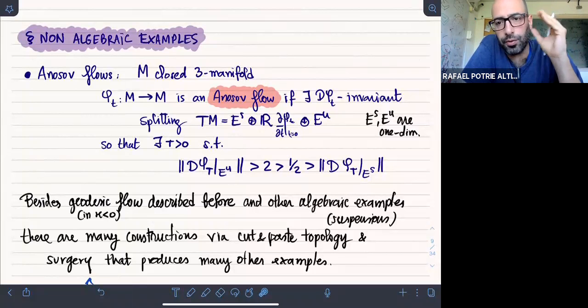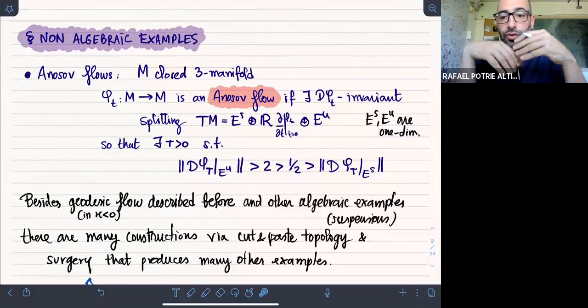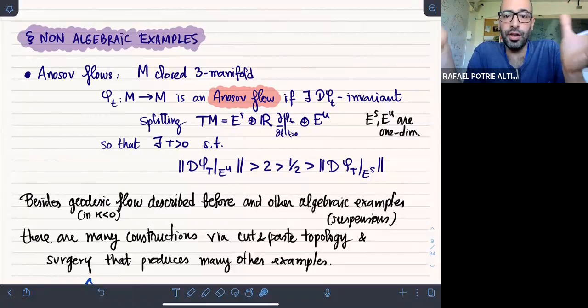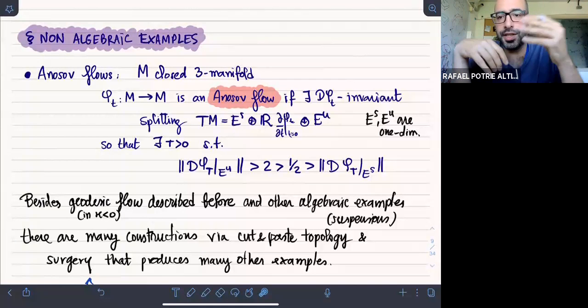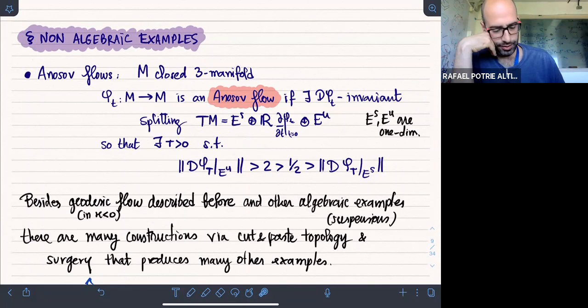But in any case, the construction of these objects will be made through deformations and constructions whose building blocks are algebraic systems or geometric systems in any case.